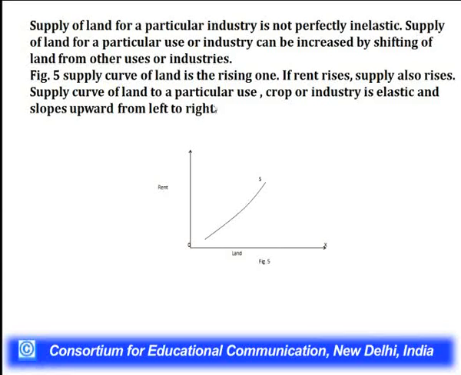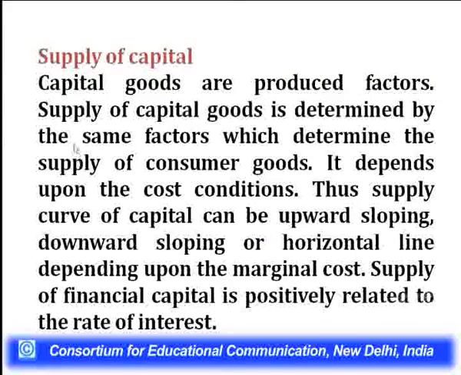The supply curve of land to a particular use, crop or industry is elastic and slopes upward from left to right. Here we have shown that the supply curve of land is upward rising. This is for any particular field or particular industry. As rent rises, supply of land rises for that purpose.